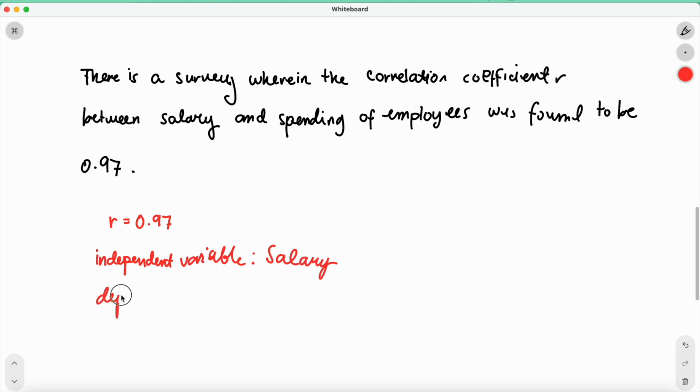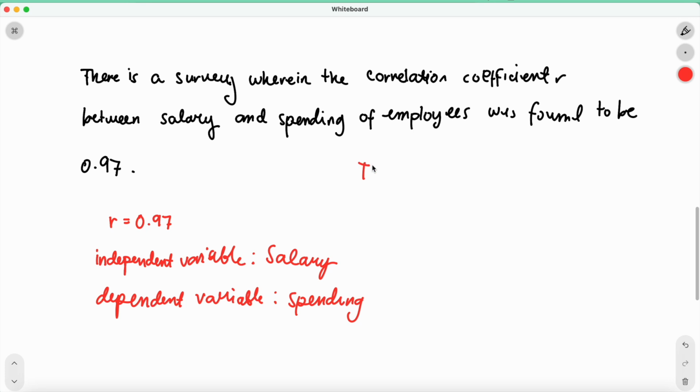And the dependent variable is what? The spending. What does it mean? Of course, your spending of your money will depend on your salary. It's not the other way around. Your spending relies on your salary. So, the independent variable is the salary and the dependent variable is the spending.